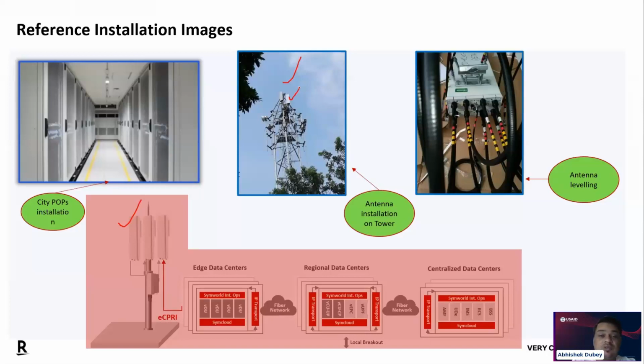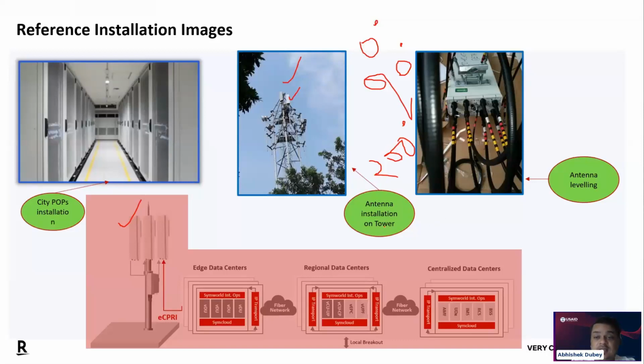If the plan is to deploy antennas maybe on 0 degree, let's say 90 degree, and let's say 200 degree, the final installation should not differ by even 10 degrees. So you have to be more efficient here while installing your antenna.